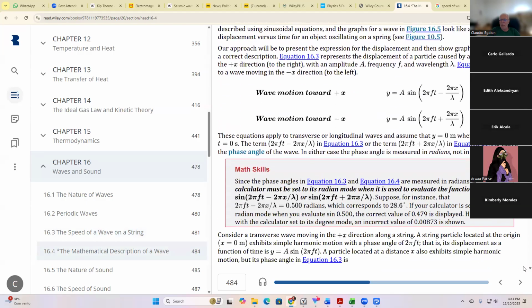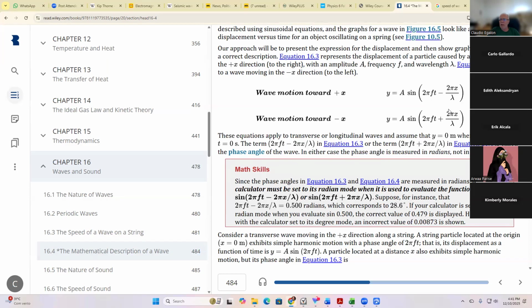Mathematical description of the wave. Okay, so I covered that. What you have here is exactly the same thing that I covered. He's just putting different parameters here. He's writing down the frequency. 2 pi over lambda is the k.